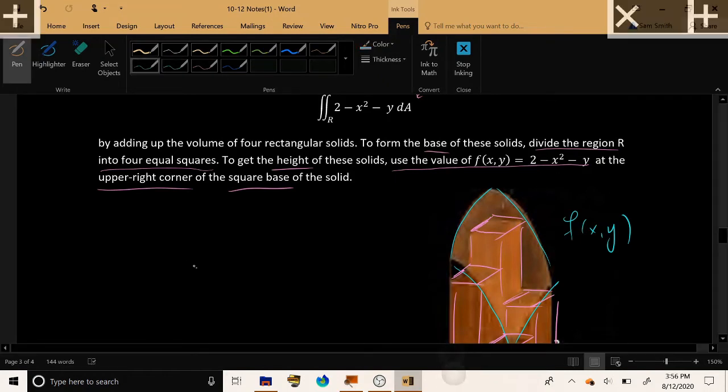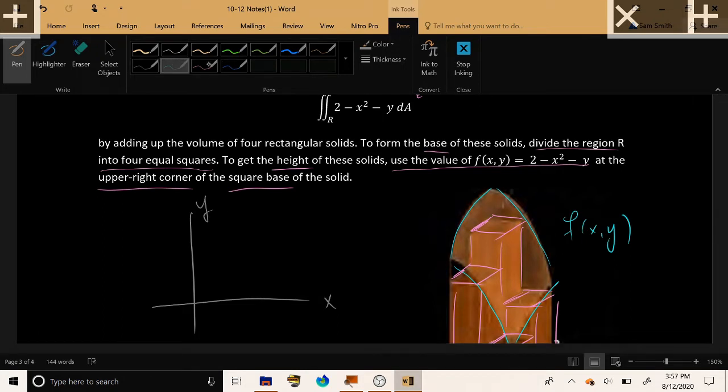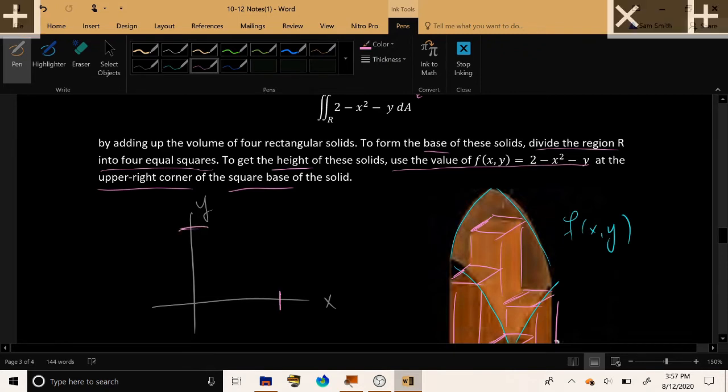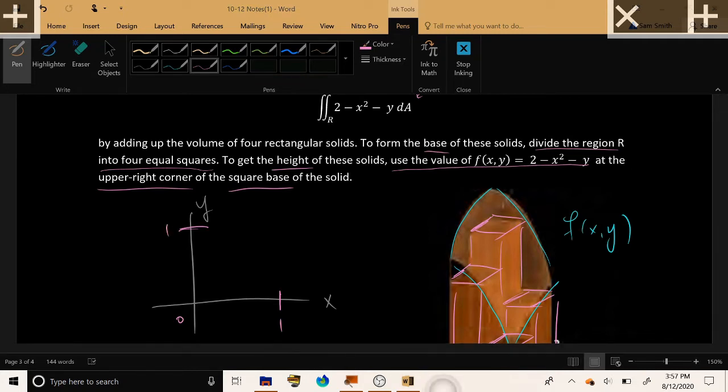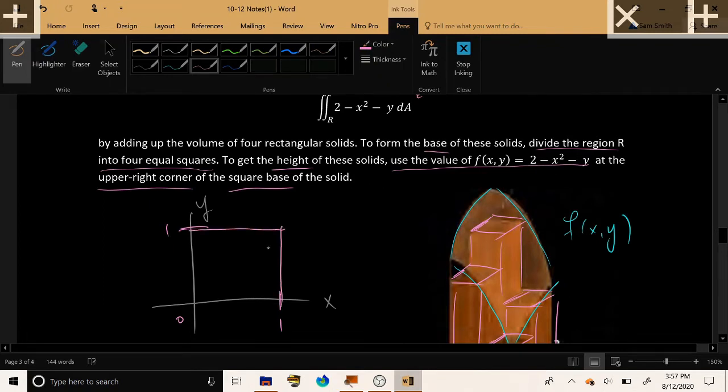Let's start by drawing the region R on the xy plane. It was the set of all points in the xy plane so that the x-coordinate was between 0 and 1 and the y-coordinate was between 0 and 1. The points satisfying this restriction make up what's called the unit square.